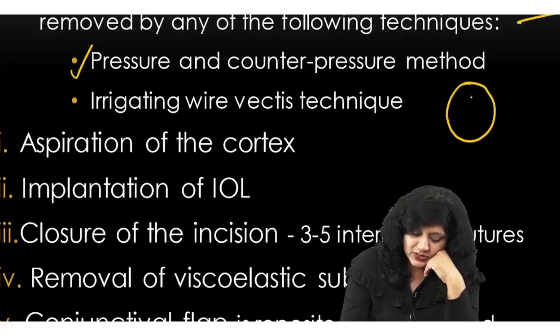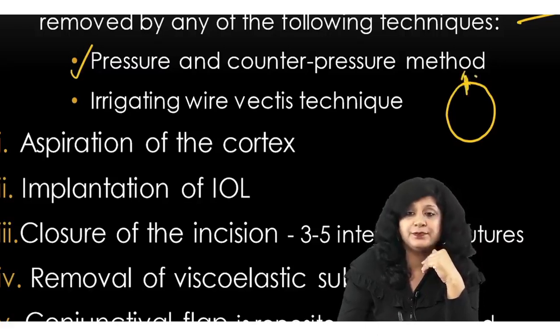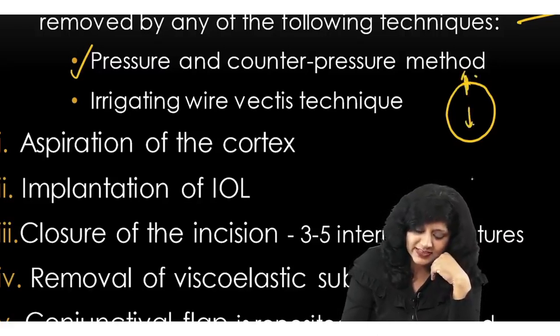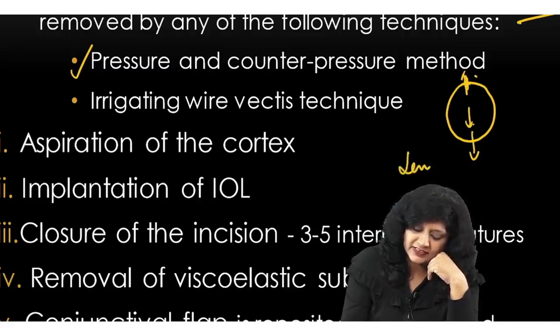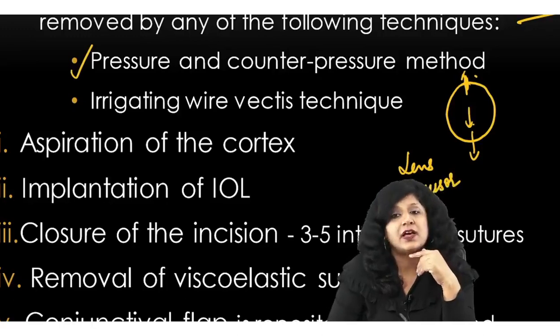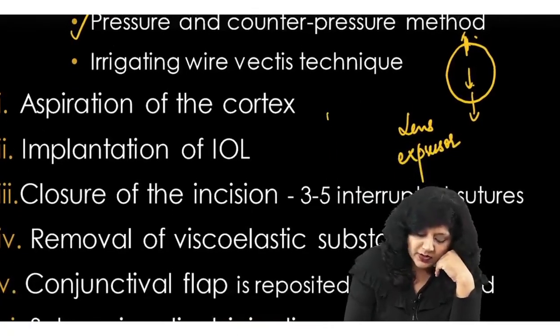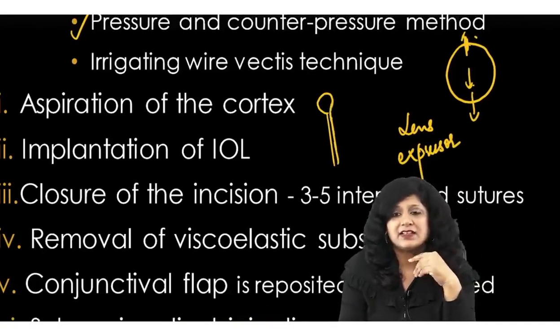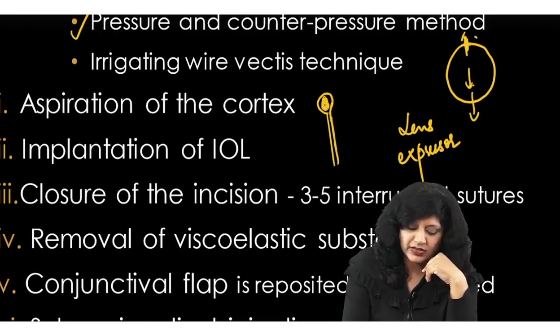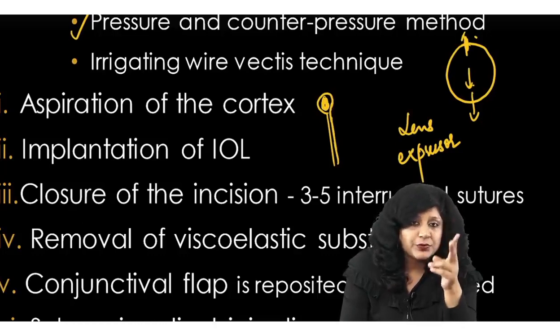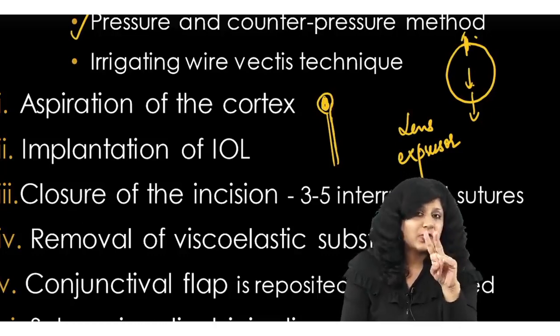You are giving the counter pressure here, so that it is coming towards this side, and with the help of the lens expressor you are removing it out. Or you can also use wire vectis. Wire vectis is something like this, in which you can hook your nucleus, and I told you in that instrument video that there are two kinds of wire vectis.